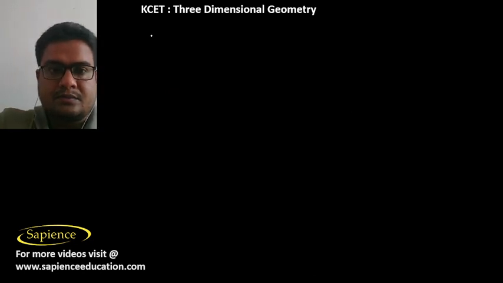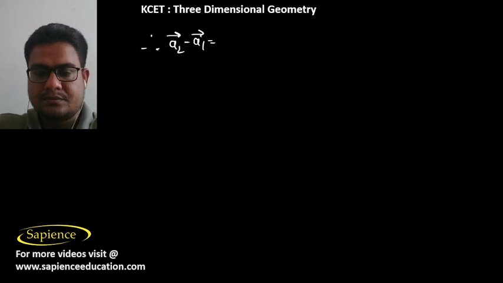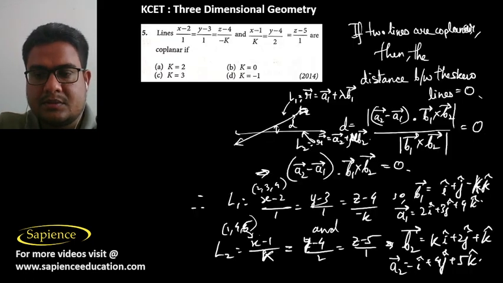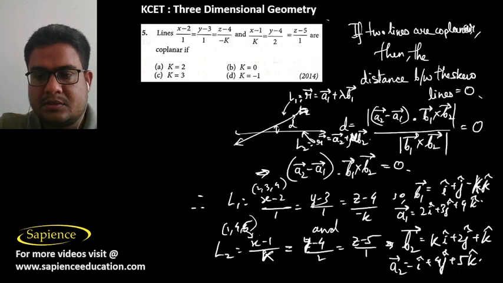So therefore a2 vector minus a1 vector will be equal to i cap plus 4 j cap plus 5 k cap minus a1, that is 2 i cap plus 3 j cap plus 4 k cap.